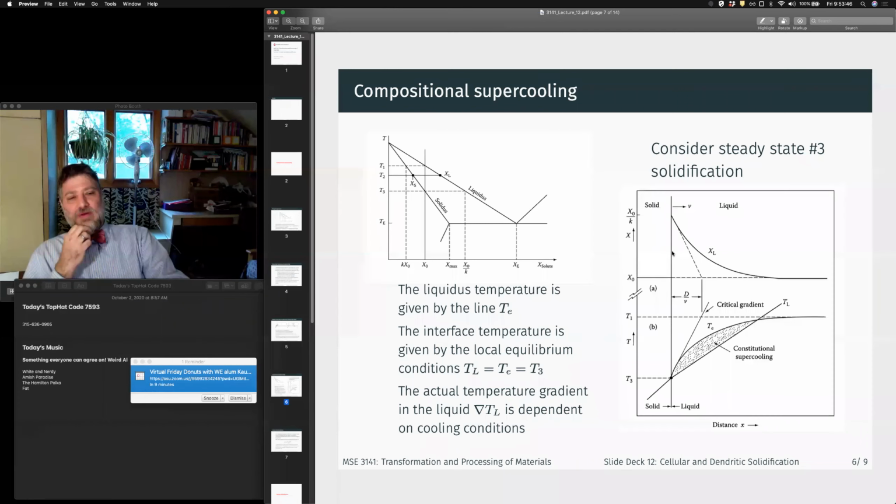If we assume the liquid's at a constant temperature and the melting point of the liquid is lower here than it is out here, our melting point out here is higher than back here. So that means our undercooling, the difference between our actual temperature and the melting temperature, is small here, but large here. Does that make sense?